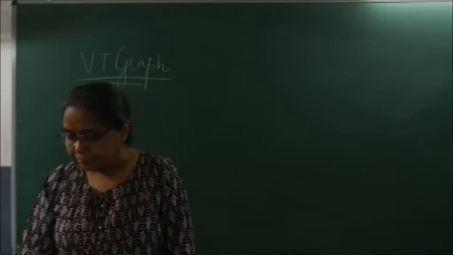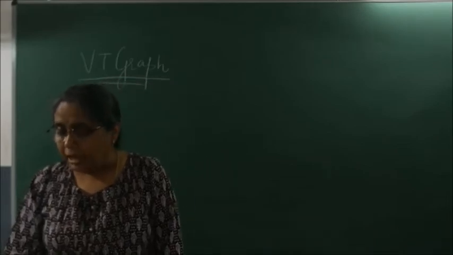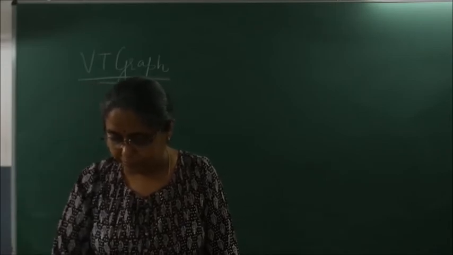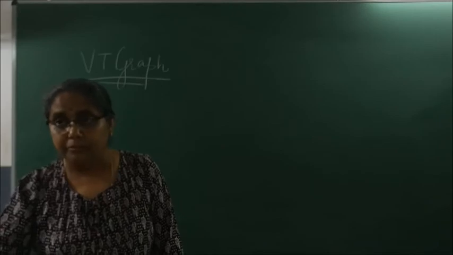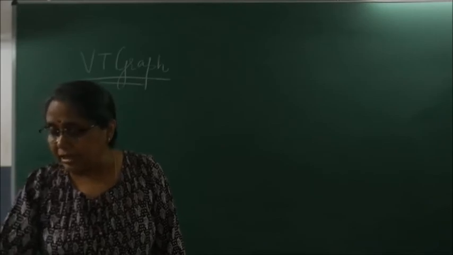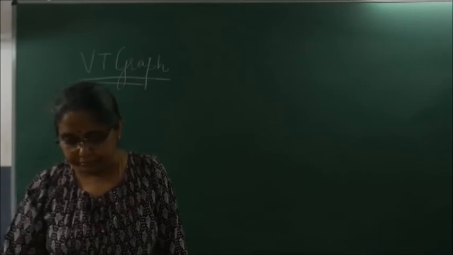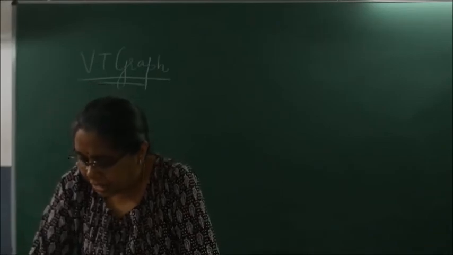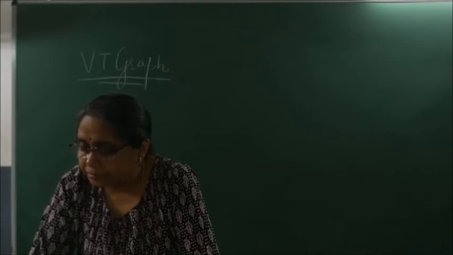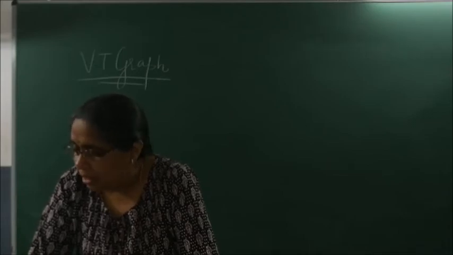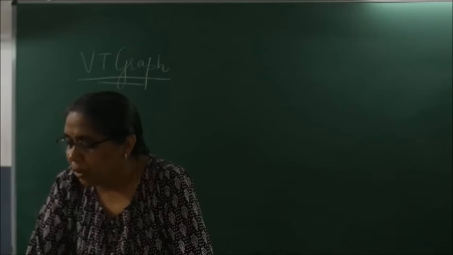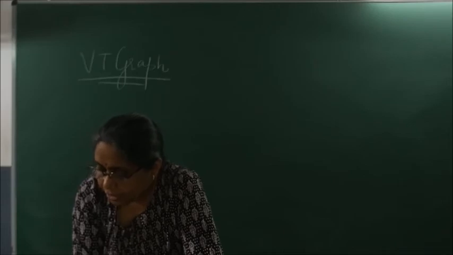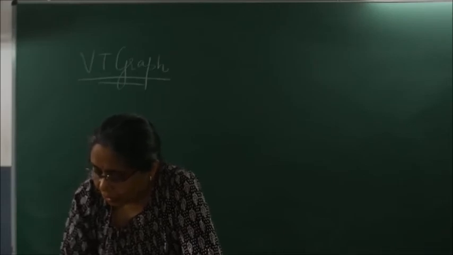Please write, in a velocity time graph, time is taken in the x-axis and velocity is taken in the y-axis.